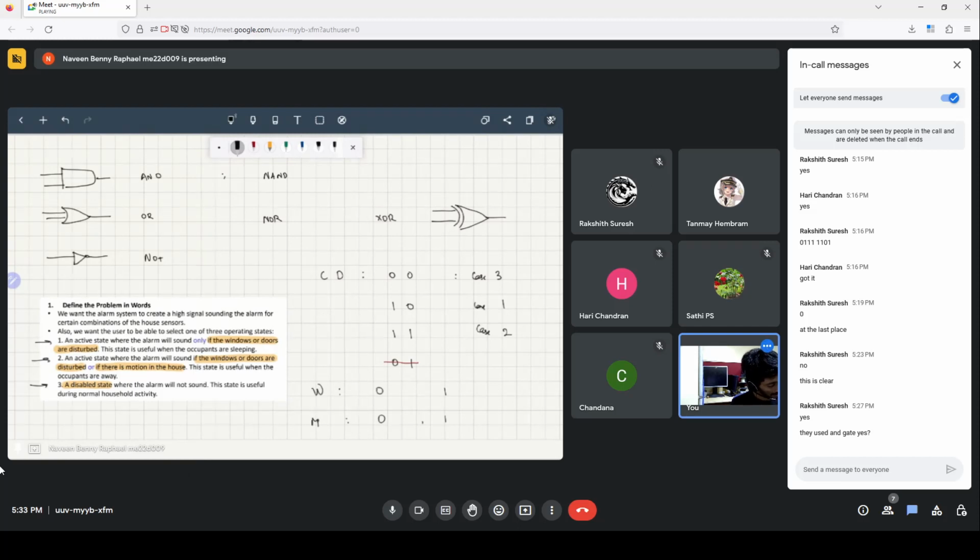Never mind. We'll first look at case 3. In case 3, make sure when the alarm will not make a sound.